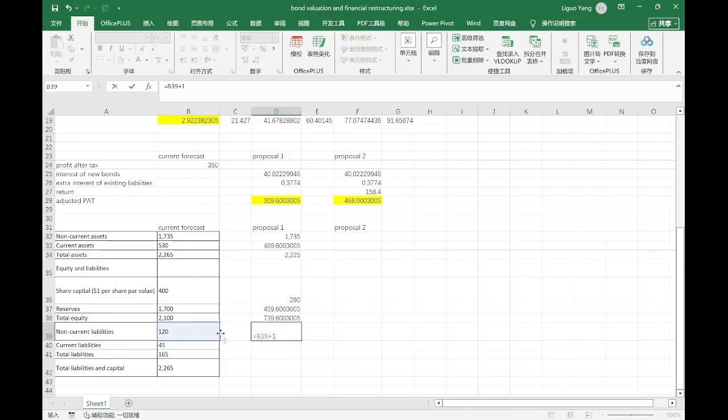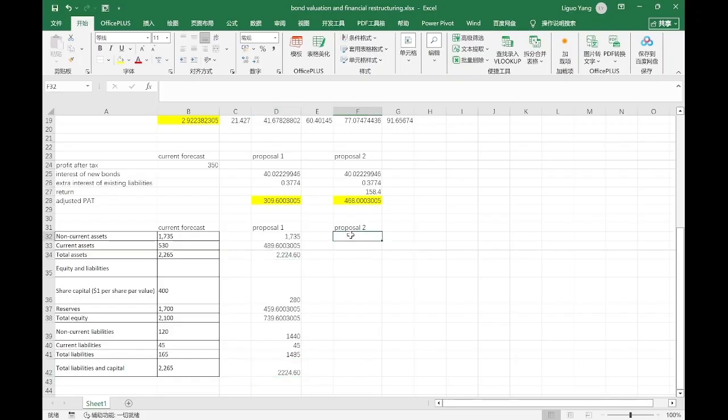And then current liabilities increased by 1,320. So in total, yeah, it's balanced.